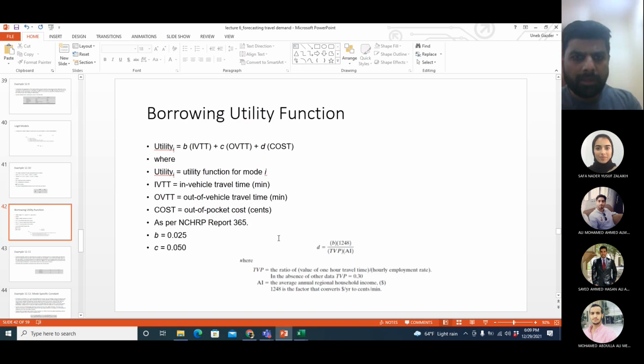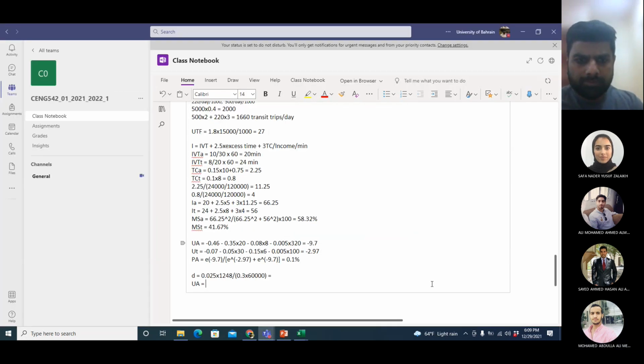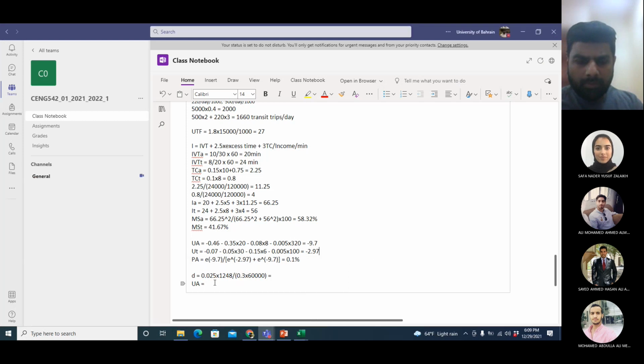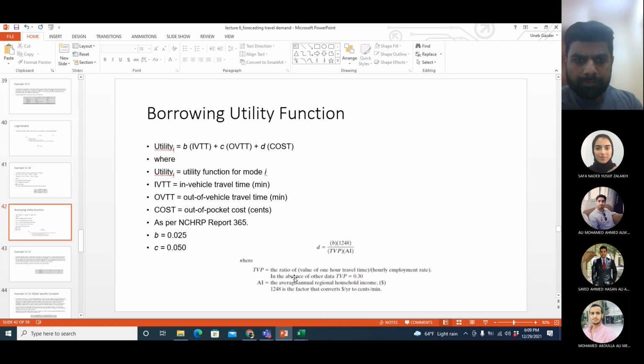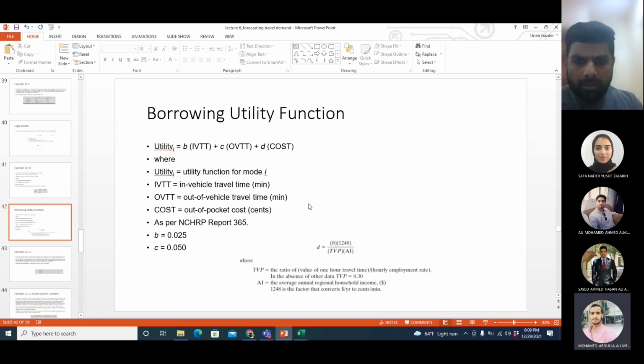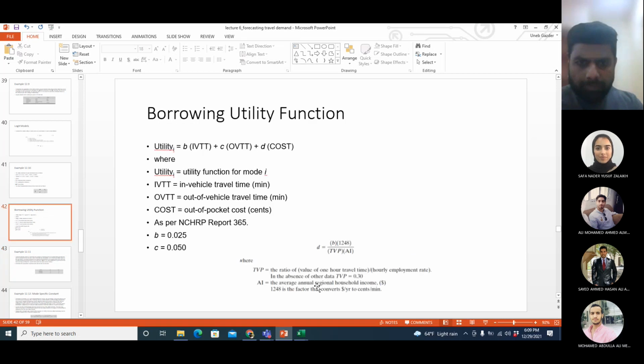And then after that, you can apply the function. $30 into 6 into 5.